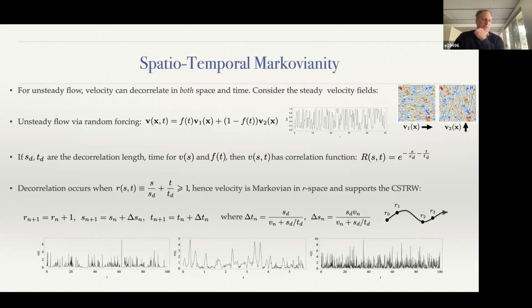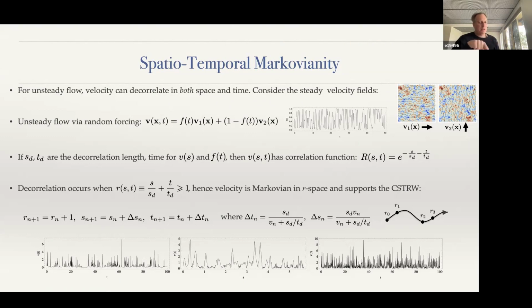So our CTRW now is R just increases by 1 at each step in the process, S increases by delta Sn, and T increases by delta Tn, where delta Tn and delta Sn are dependent upon the local velocity Vn and the decorrelation length and time.